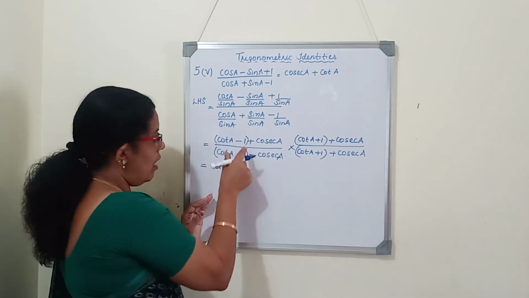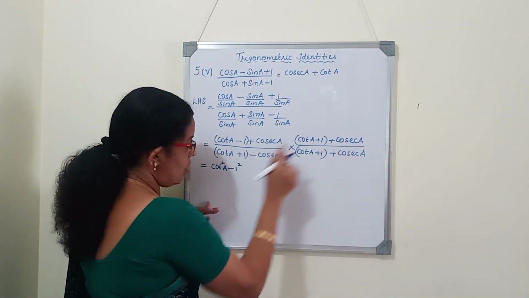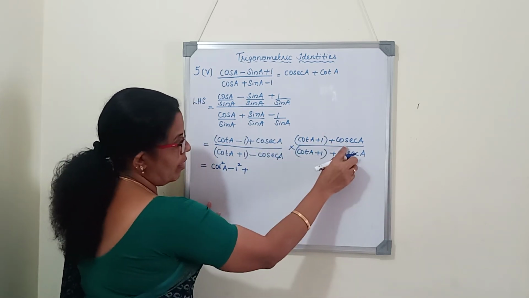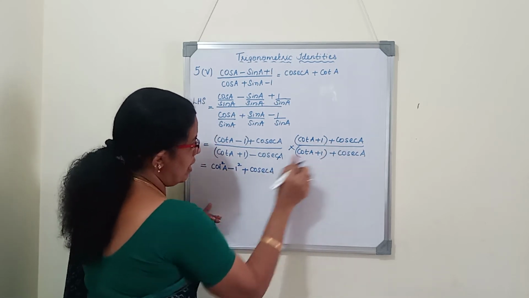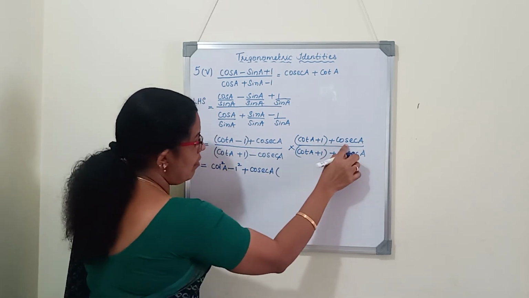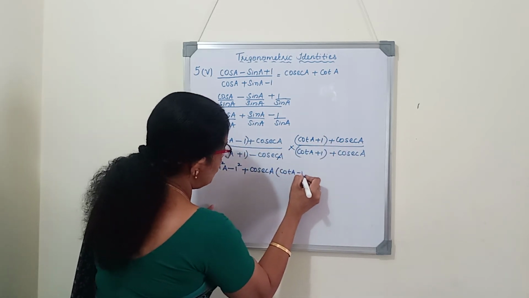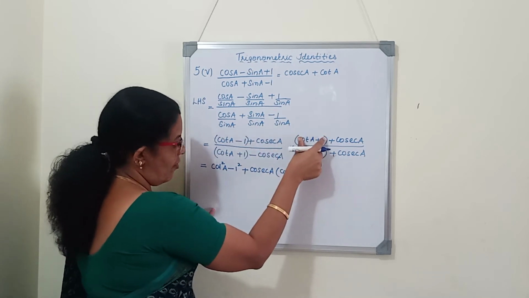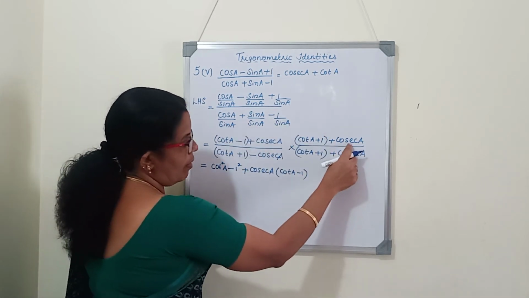Next we multiply cot A minus 1 with cosec A. Cosec A is a monomial, a single term, so I will write the first term multiplied with this term, in bracket cot A minus 1. First term multiplied by first term we got a binomial. Again the first term we multiply by the last term.